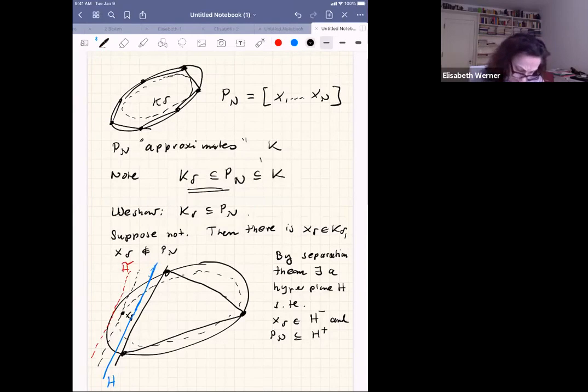And then we can repeat the process, and we choose a point x n plus 1 on H twiddle intersected with the boundary of K.